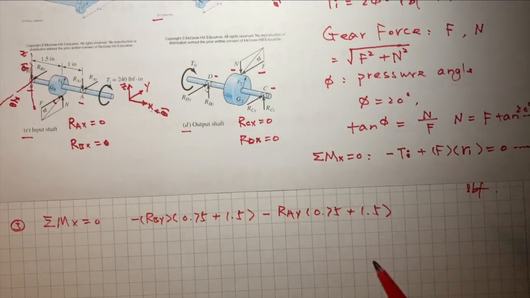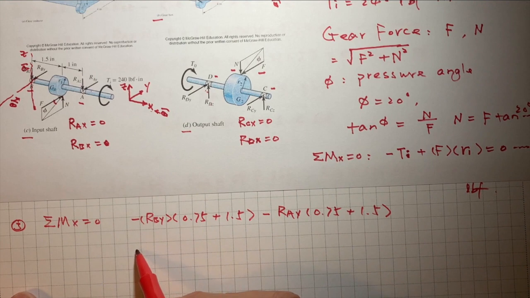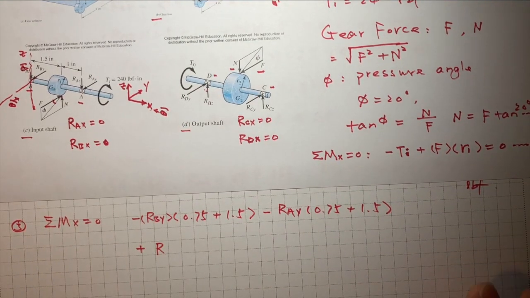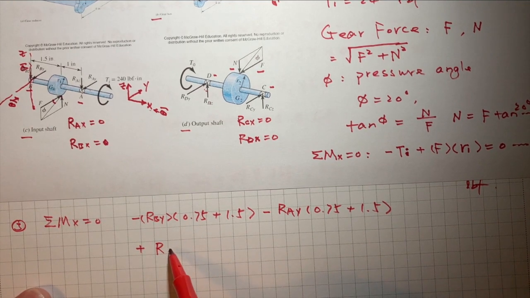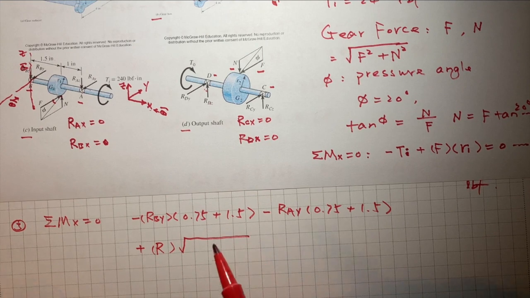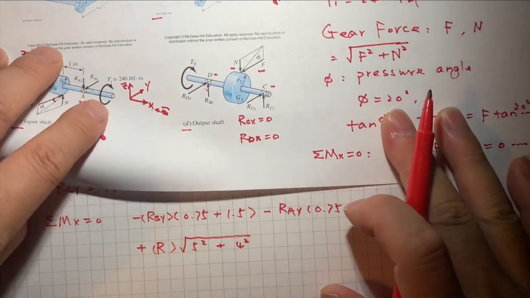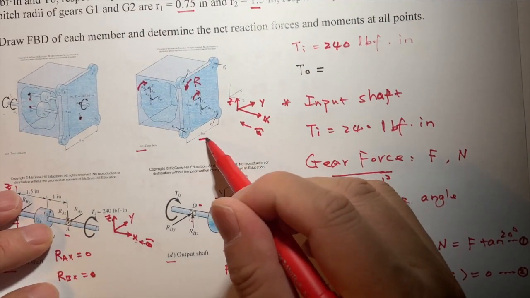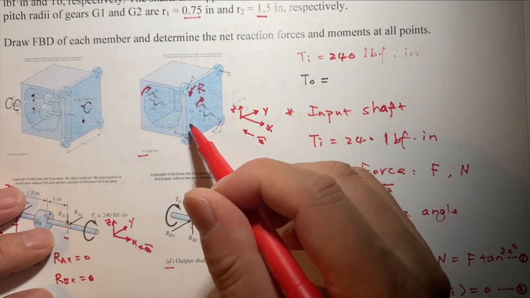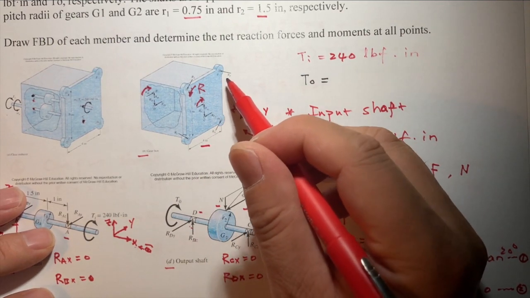Right, so clockwise, plus R, the bolt force, the shear bolt force, and the radius will be square root of 5 squared plus 4 squared. We gave the dimension, right? This is 4 inches, and this is 5 inches, I think, this one.